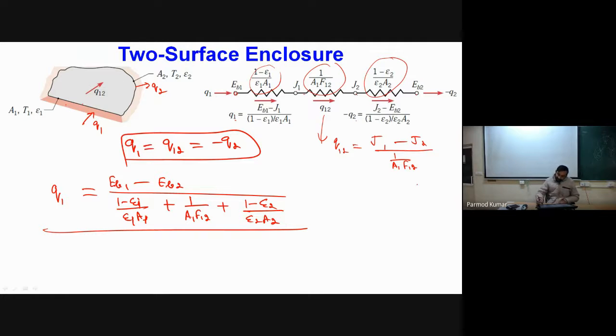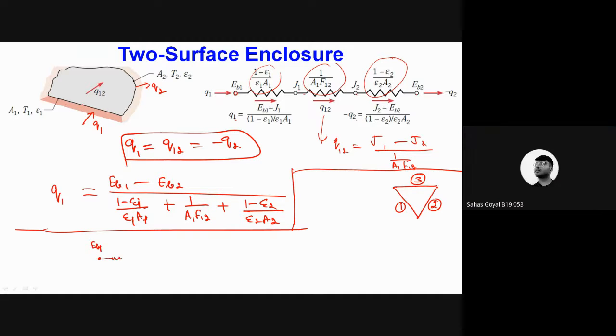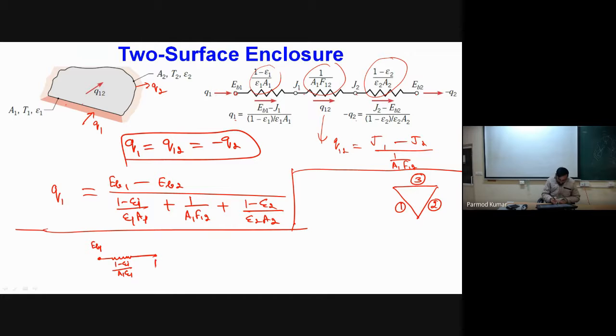Now if I have a 3 faces enclosure, what type of resistance circuit will we get for this? Please tell me from where to start. Say this is my node corresponding to EB1. What should I do now? Sir, J1, then Q12. A1 epsilon 1, okay, J1.